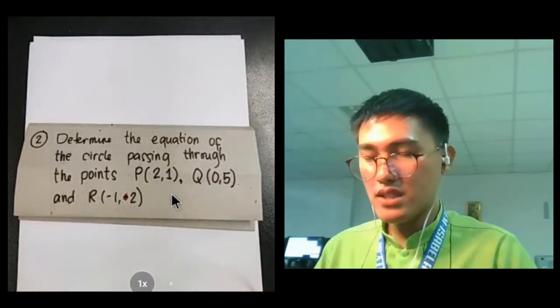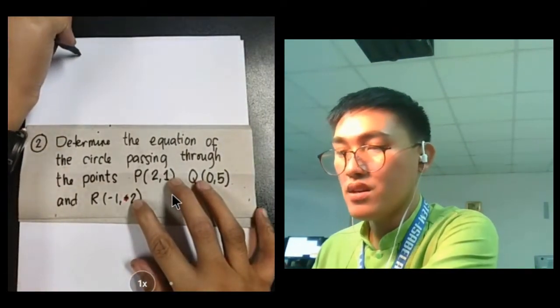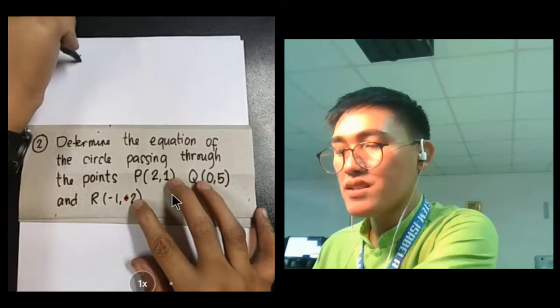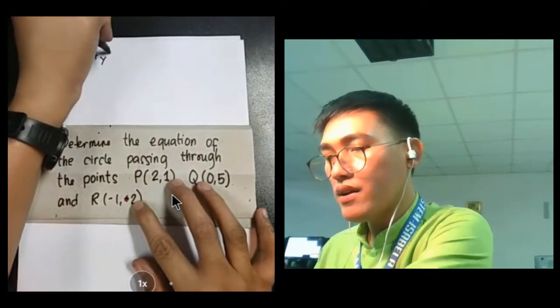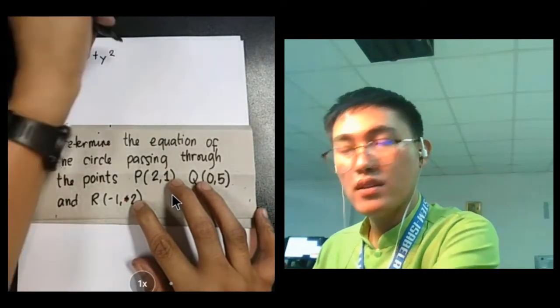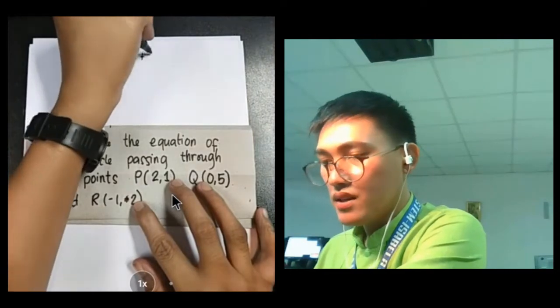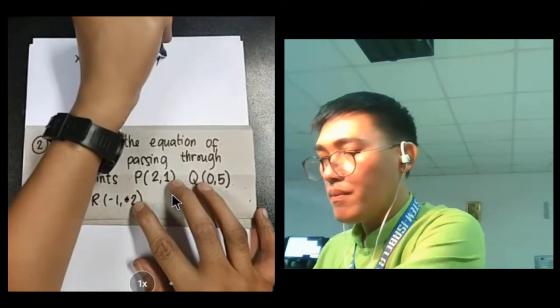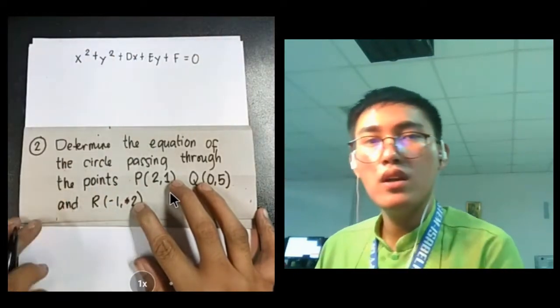So for us to solve this, you have to review the general form of the circle. The general form is x squared plus y squared plus dx plus ey plus f is equal to 0.